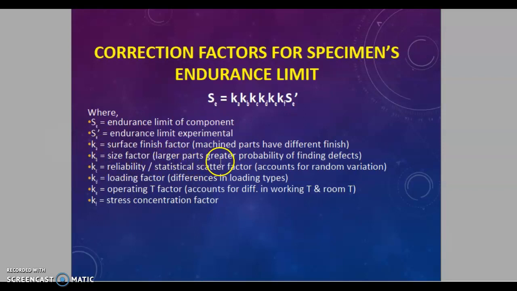Larger parts have a greater probability of finding defects, so the material will fail under fatigue more easily if the part is larger. So size is also an important factor, and Kb is considered here.